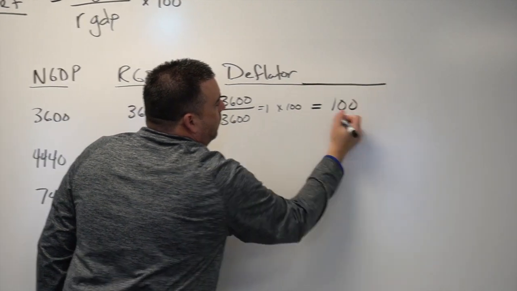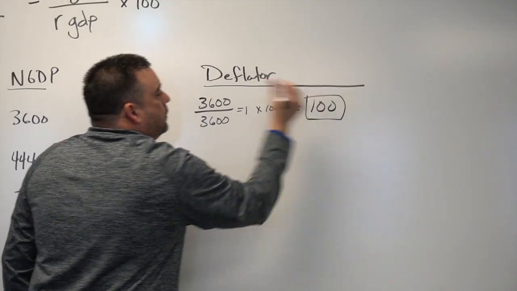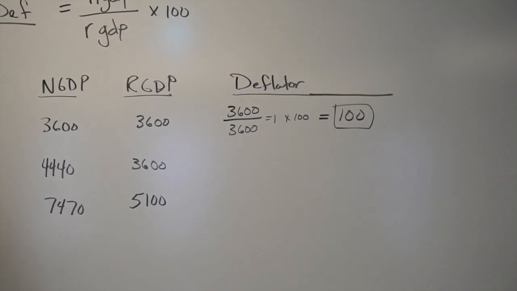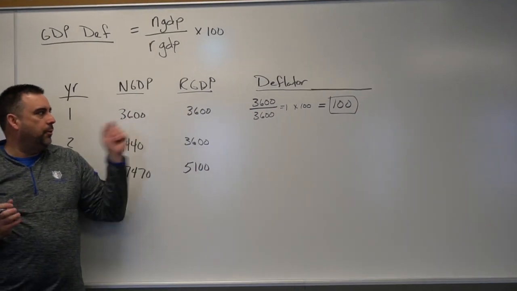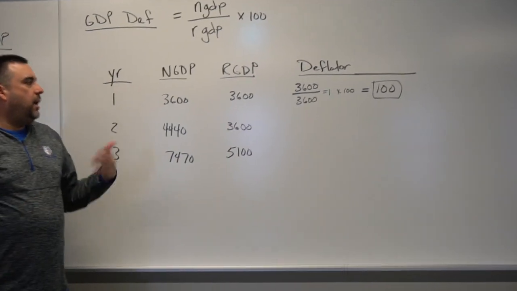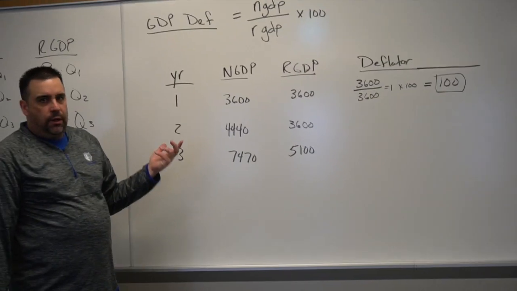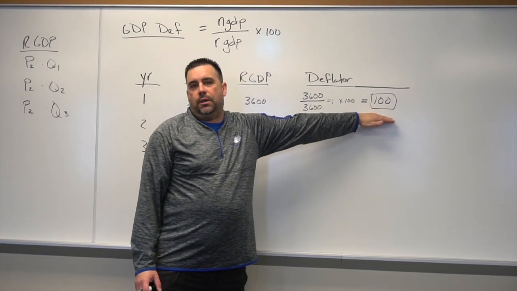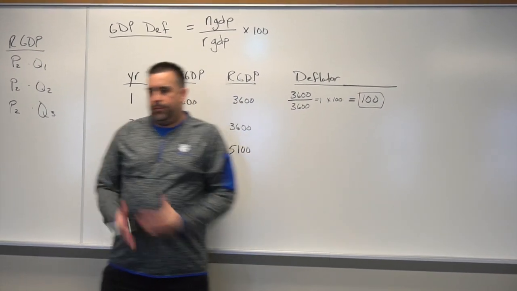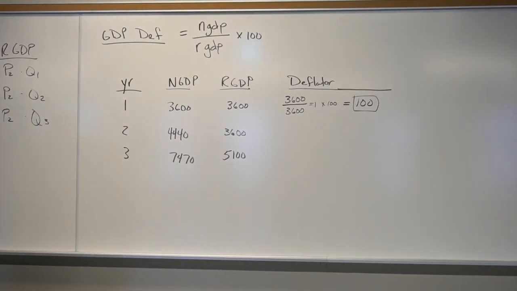Just like what we saw for the CPI, and for some base year rules when we were doing nominal and real GDP, we have a base year rule here as well. In the base year, our deflator value is always going to be 100. Mathematically, that has to be true.